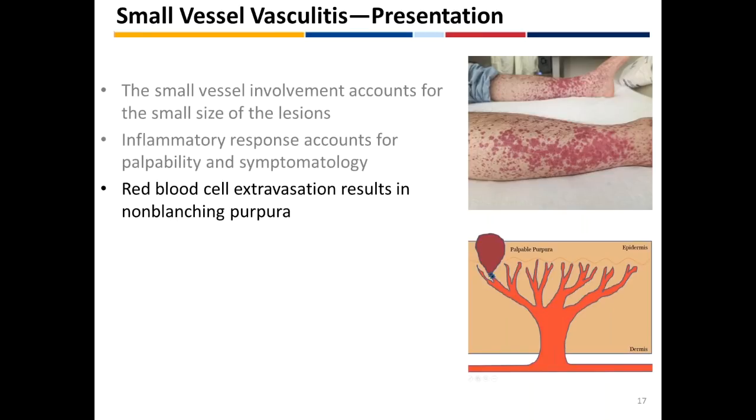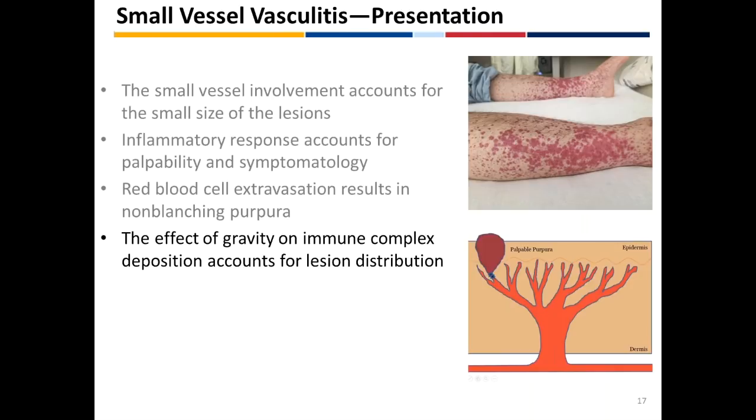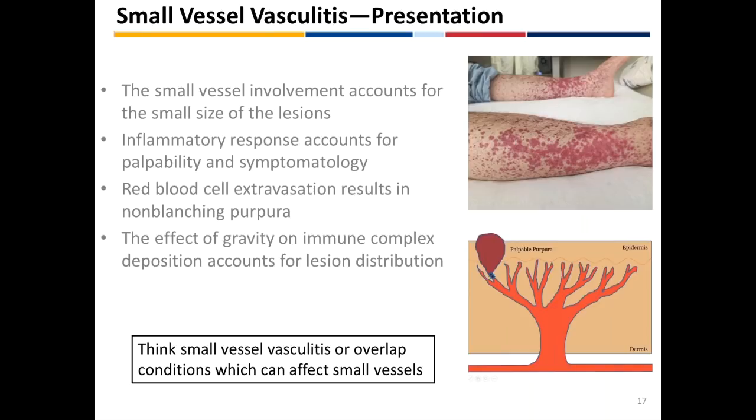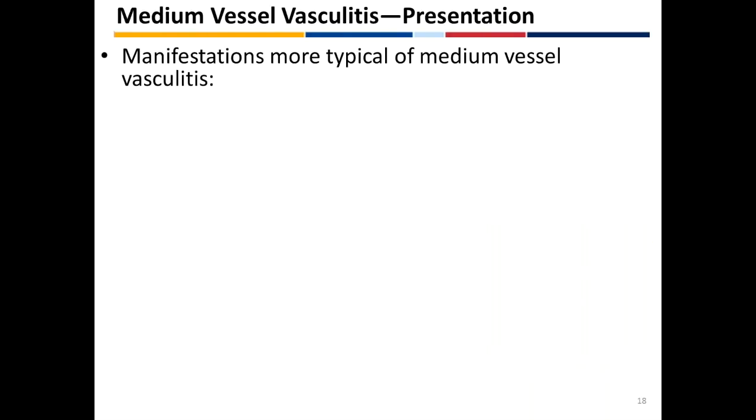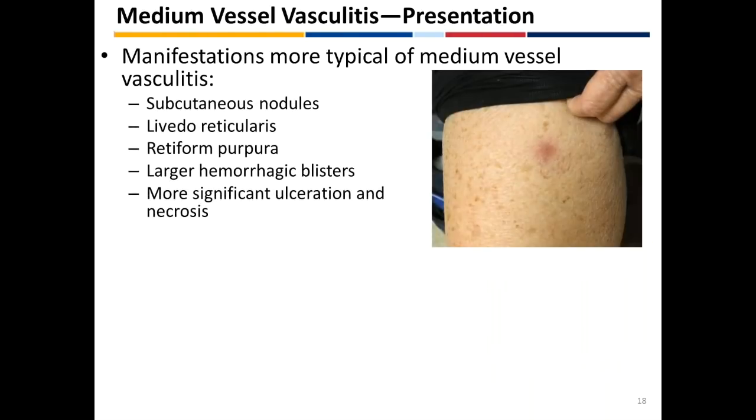And so if we see this kind of manifestation, we'll be thinking about small vessel vasculitis or a condition that can affect small vessels. Now, if we see other types of manifestations, nodules under the skin, livedo reticularis, retiform purpura like this, ulceration, these kinds of things would make us think about a more significant hit to the vessels of the skin, for instance, a medium vessel process, a vessel deeper down that's getting impacted.